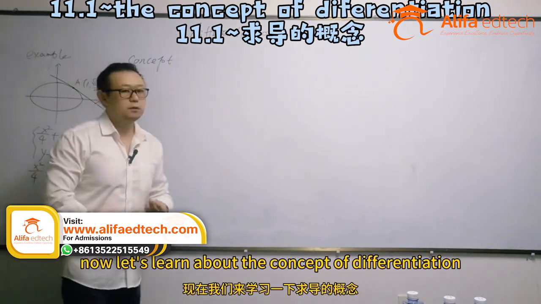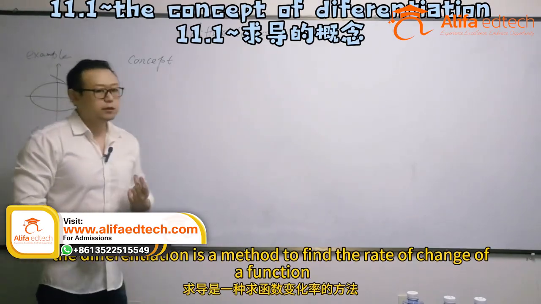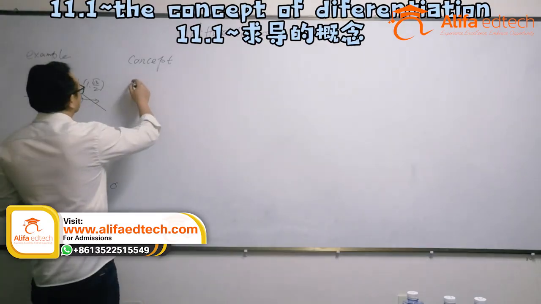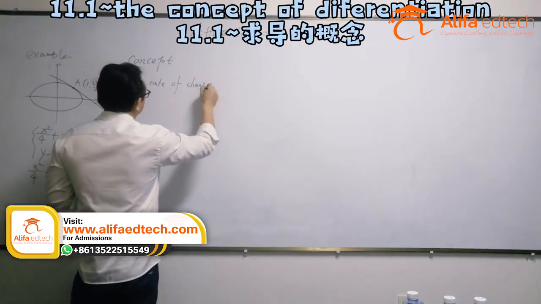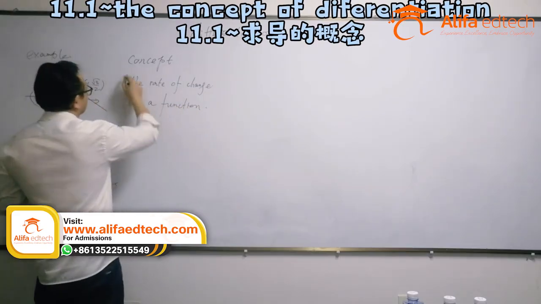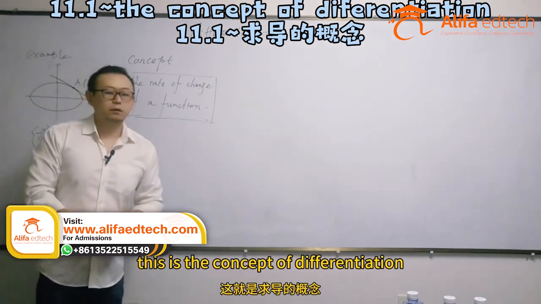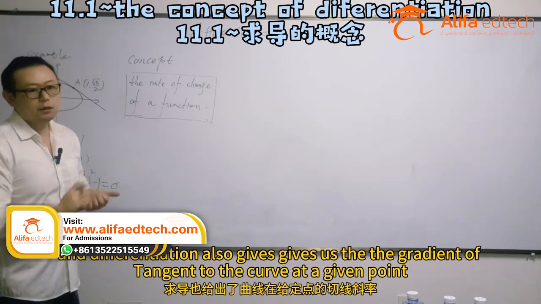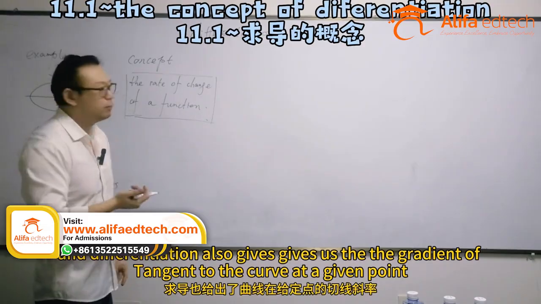Now let's learn about the concept of differentiation. Differentiation is a method to find the rate of change of a function. This is the concept of differentiation, and differentiation also gives us the gradient of the tangent to the curve at a given point.